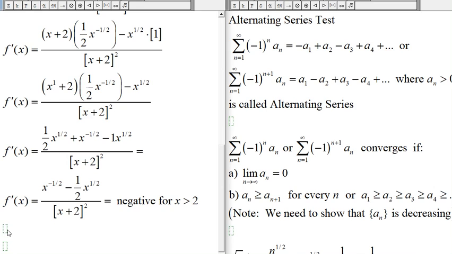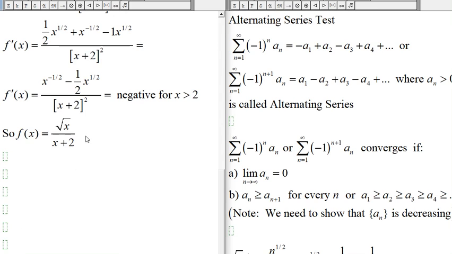And therefore, so let's write it down. So the function f of x equal to the square root of x divided by x plus 2 is decreasing for x greater than 2.